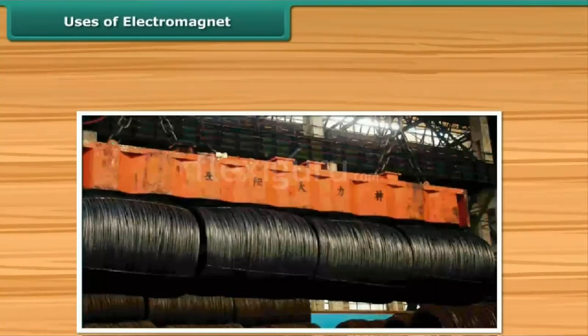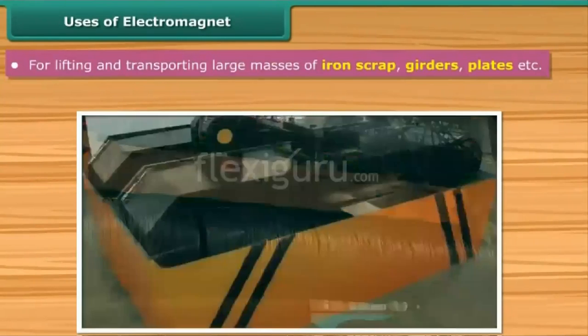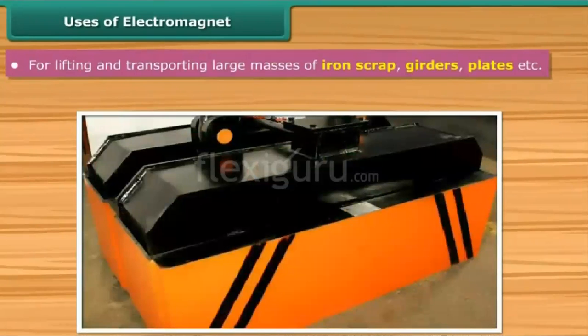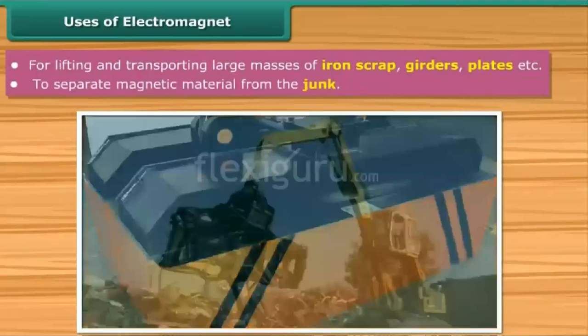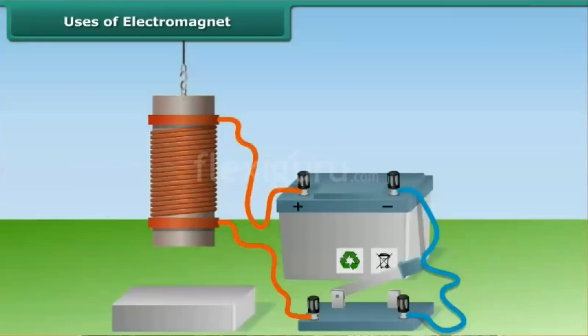Cranes are lifting the heavy scrap in the scrap yards. These lifts are used to transport large masses of irons, girders, and plates. These magnetic materials are also used to separate the iron scraps, girders.